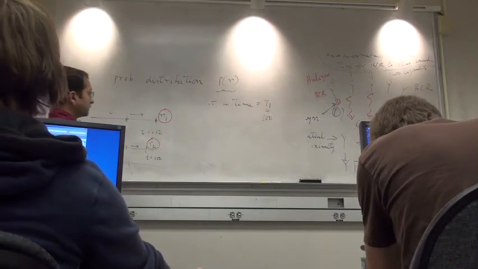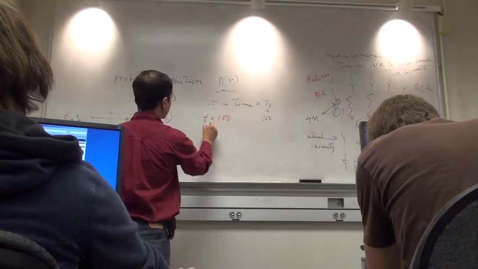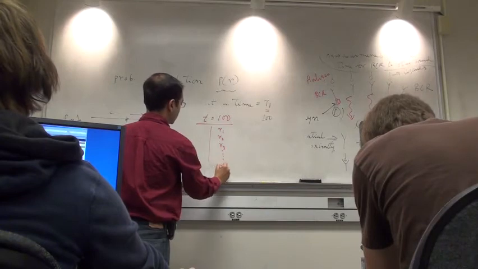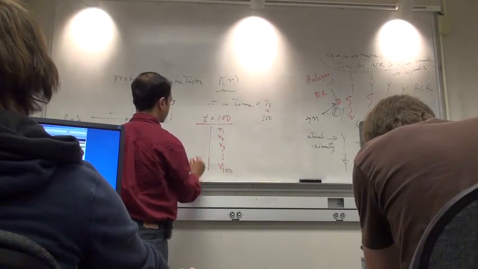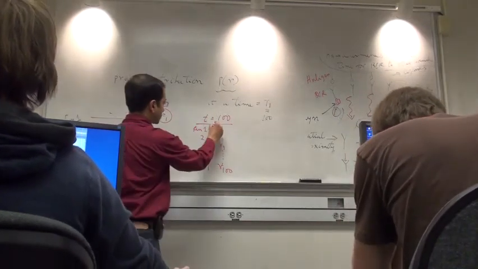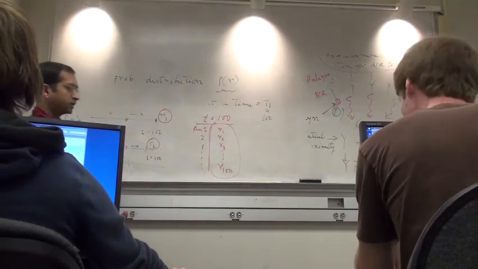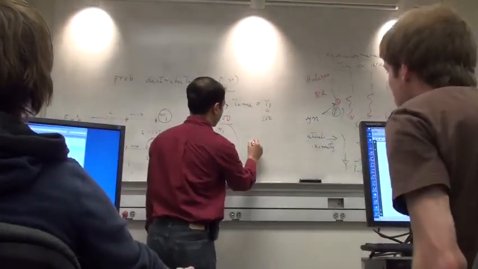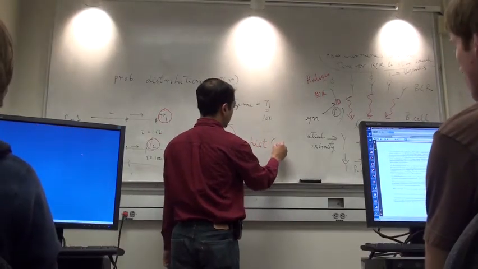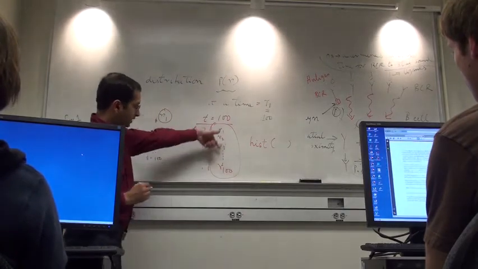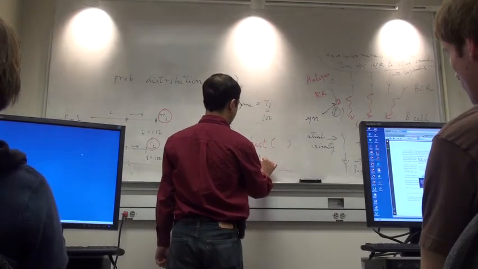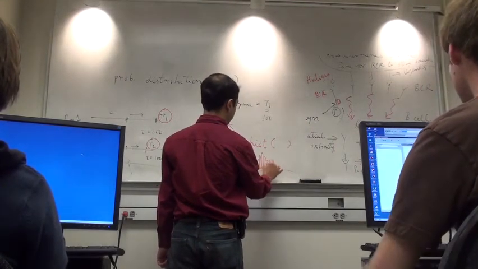Once you have this set of 100 numbers stored in a file, the command in MATLAB is called hist, and hist of this data will create a histogram for you.